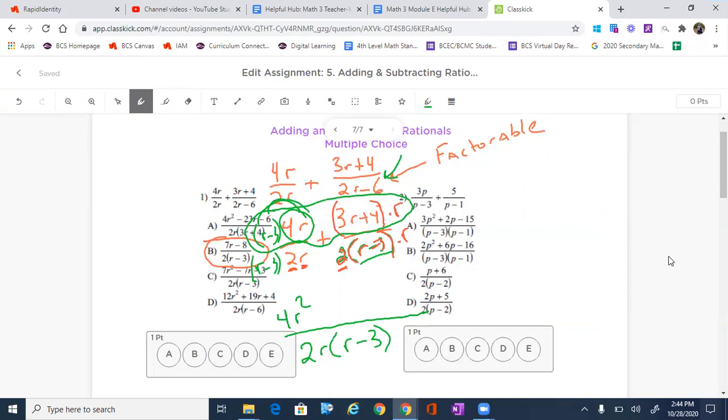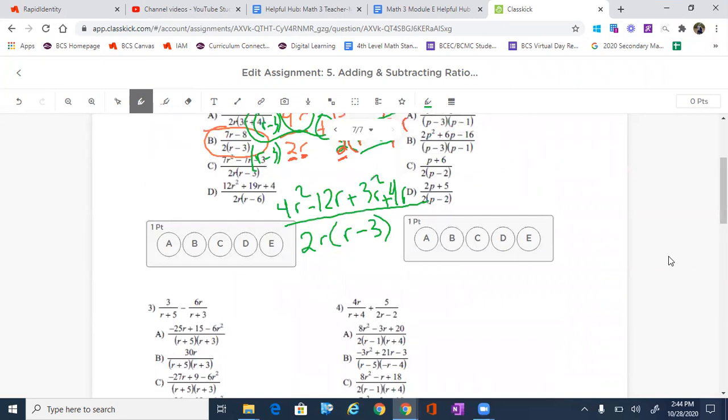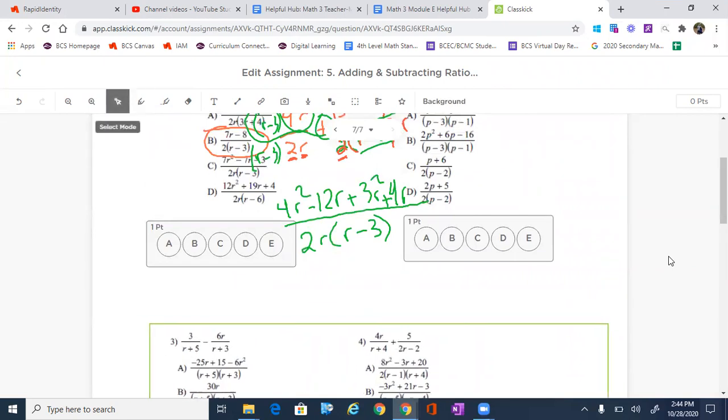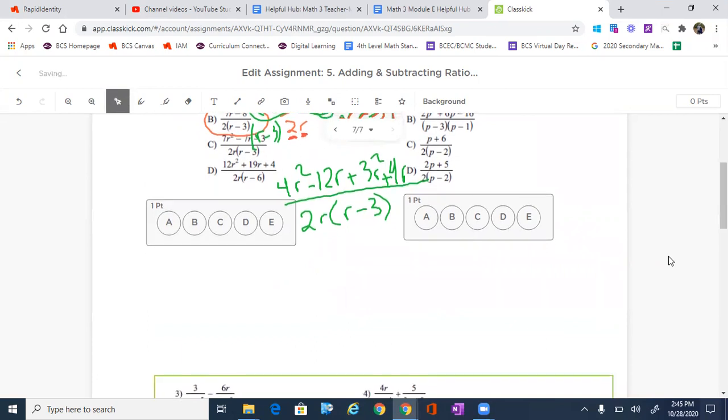So 4r times minus 3 is negative 12r. I'm going to add, and then I'm going to distribute the r's. So 3r times r is 3r squared, and 4r. Plus 4r. Once we've got that, we are going to simplify that numerator as much as we possibly can.